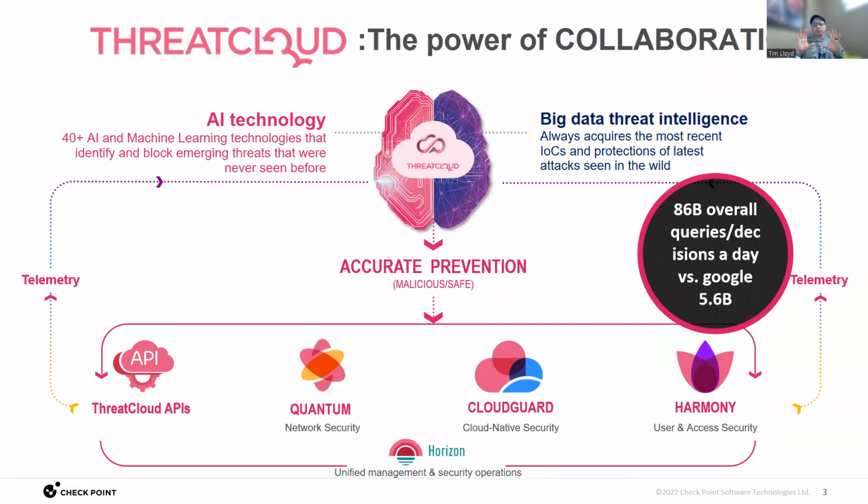Now, if I were to give you one word to really think about and hone in on in this slide, it's collaboration. This is the power of collaboration. The threat cloud is a data lake. We have a team of scientists that are dedicated to it. It's all they do in our research and development team, right?